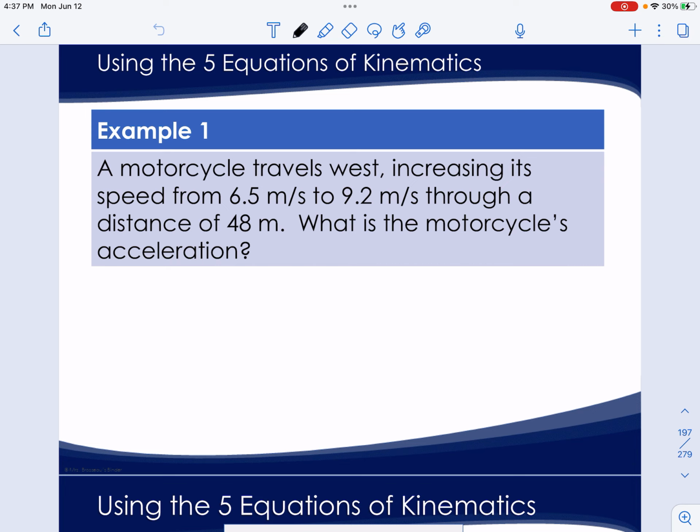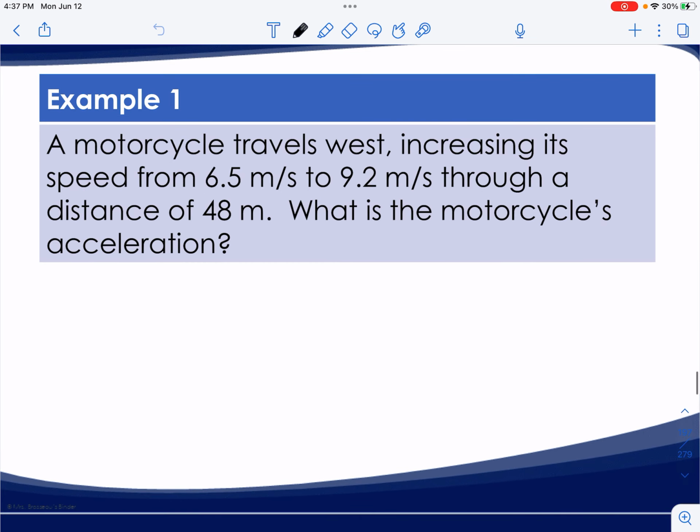A motorcycle travels west, increasing its speed from 6.5 meters per second to 9.2 meters per second through a distance of 48 meters. What is the motorcycle's acceleration? Okay, so let's identify some things here. First off, it's traveling west. The initial velocity, v1, would be 6.5 meters per second.